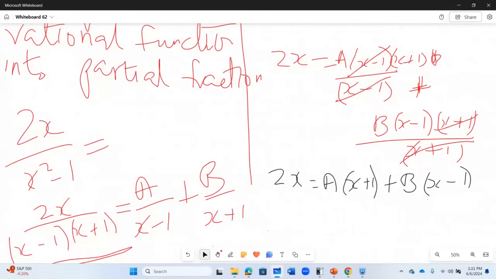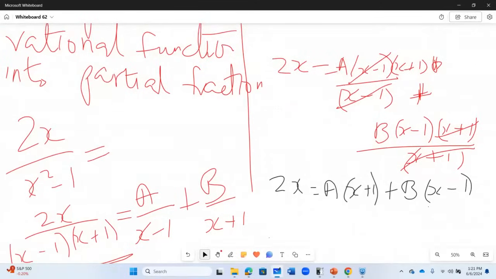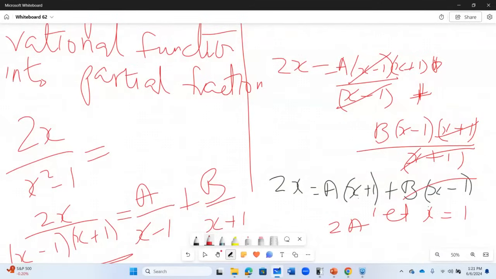If x equals 1, I have 1 minus 1, so B will be cleared, which means I now have 2A is equal to 2x.